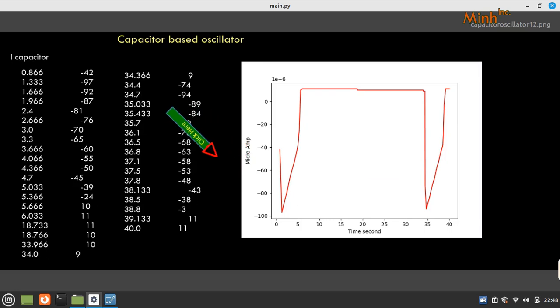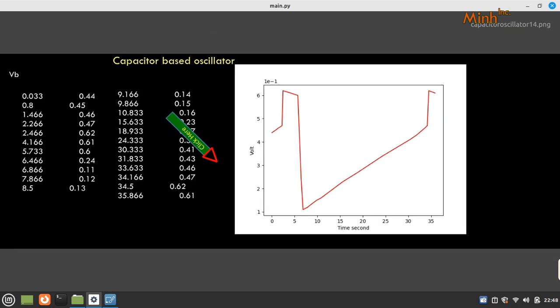Now, first let's see the VB, the most interesting thing. When the capacitor is charging, it comes to a level when VB is 4.4 somewhere, and suddenly it comes to 6. This is the internal energy of the transistor, the inertia of the transistor.